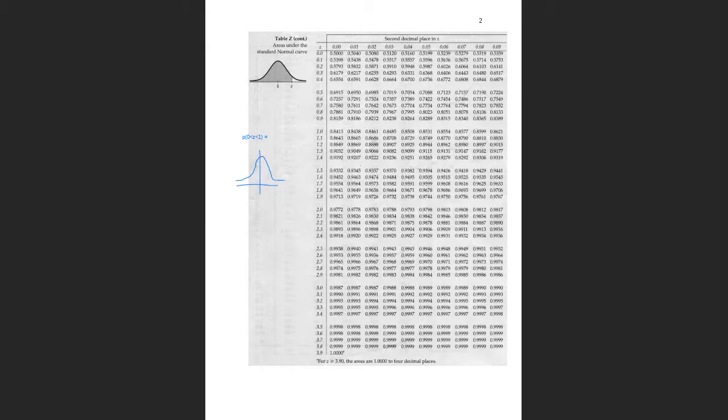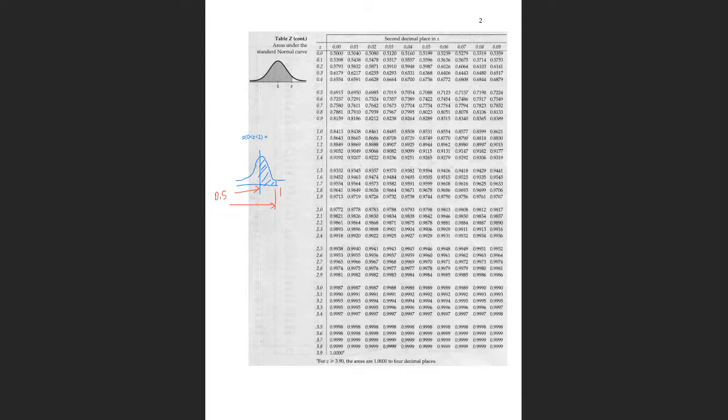So we had 0 and we had 1, and that's the area we were interested in. We said the probability up to 0 was 0.5. And I said that I had to find the probability from negative infinity up to 1. So that's what we're going to do now.